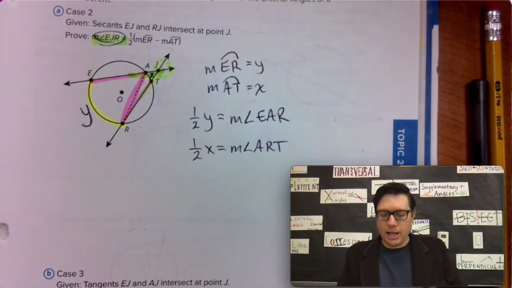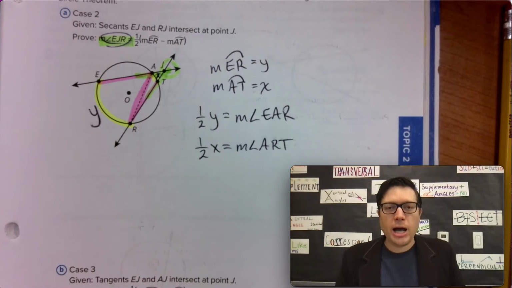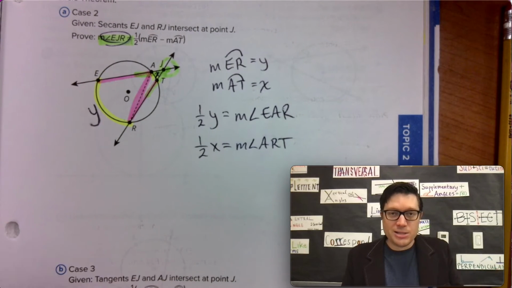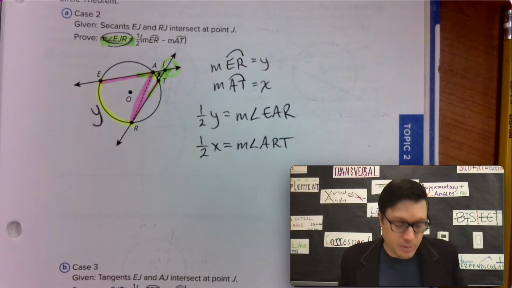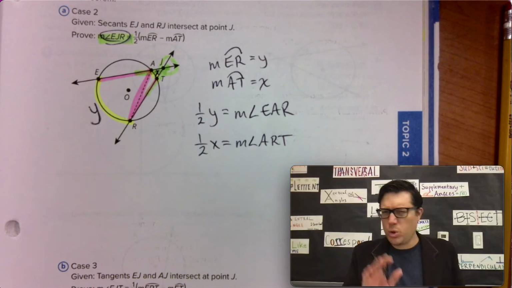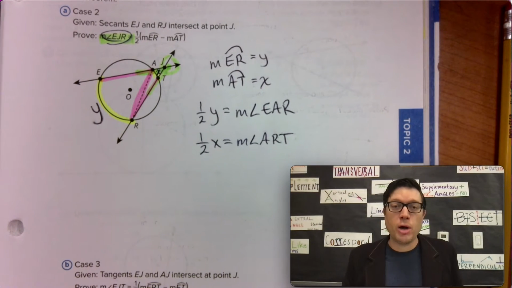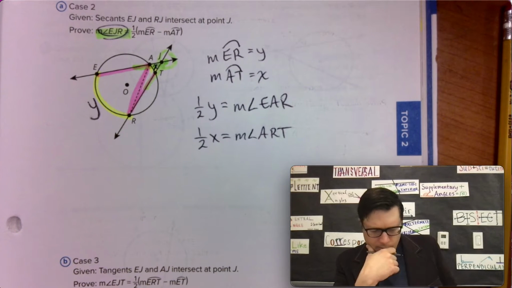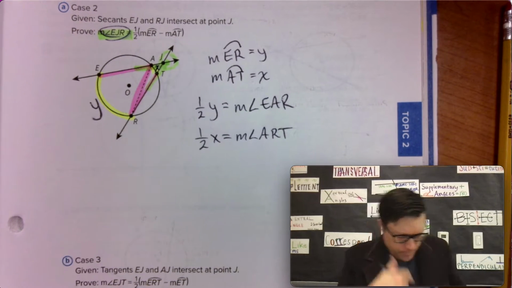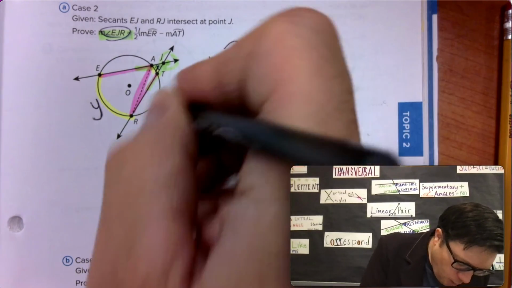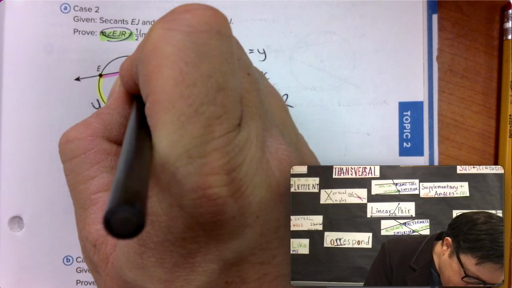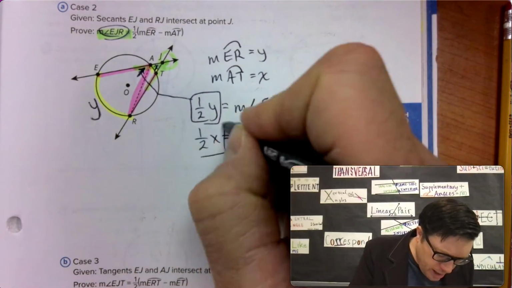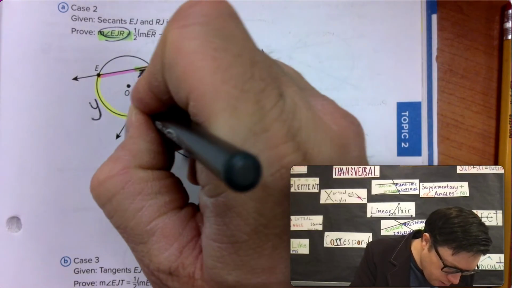We're trying to figure out how this angle could be half of the difference between the intercepted arcs, which means at some point we are going to end up subtracting something. I think this 1/2 Y should go right there. It's supposed to be the inscribed angle, and this 1/2 X should go right here.